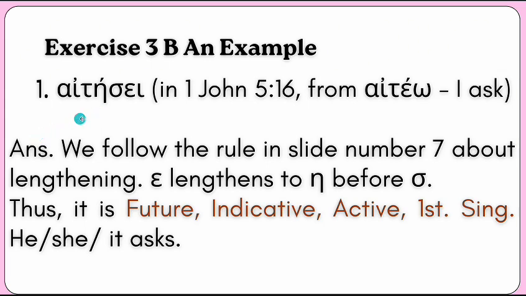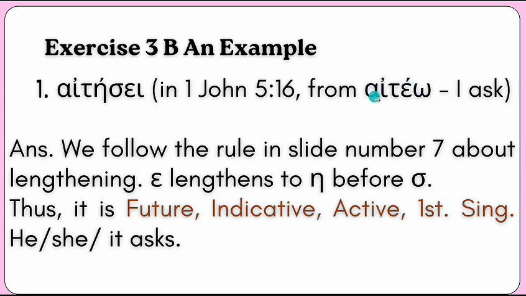The answer for this verb: as you can see, you see a sign of tense here. Immediately what you need to do is notice, oh yeah, I can see sigma here. It is a sign of tense for me, for the future tense. And I see the ending, which is similar to the present tense. I know that the future also shares the same endings. Then what happened here?